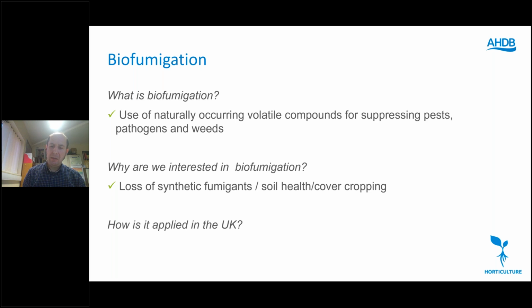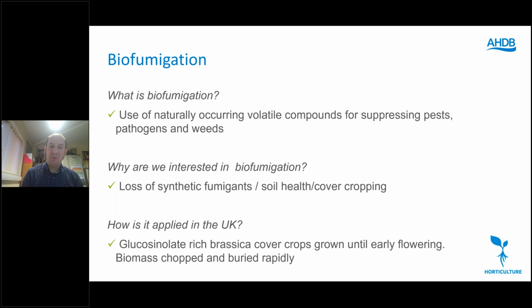How about the UK? Worldwide, there are a number of different applications of biofumigation, and there are commercial products that you can use. You can buy mustard meals, for example, granules that you apply to soil, typically sold as a fertilizer, but they work as biofumigants. There are liquid formulations as well, but in the UK, our typical approach is to grow what we call glucosinolate-rich brassica cover crops.